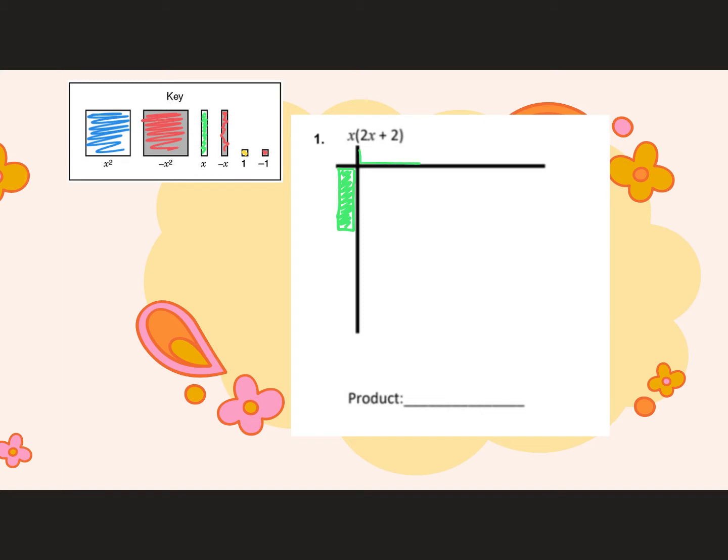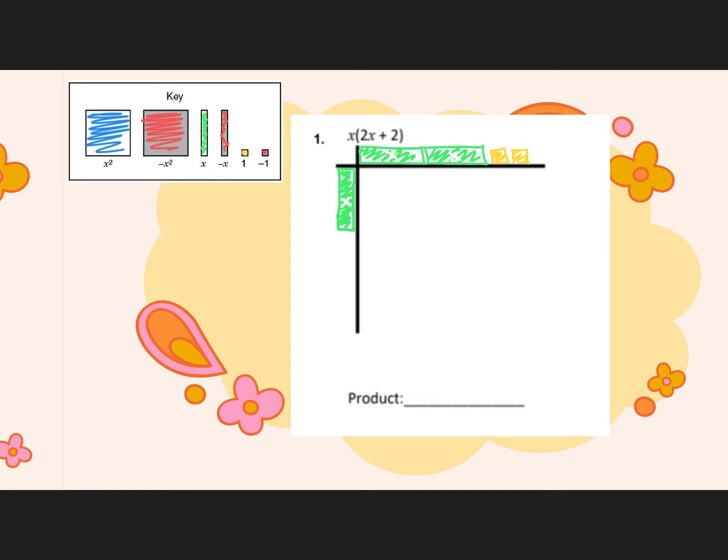So I'm going to draw two of my green tiles to represent positive 2X's, and then we have plus 2. All right, so we see that we have our X, X, X. Oops, I didn't color these in, and these represent 1.